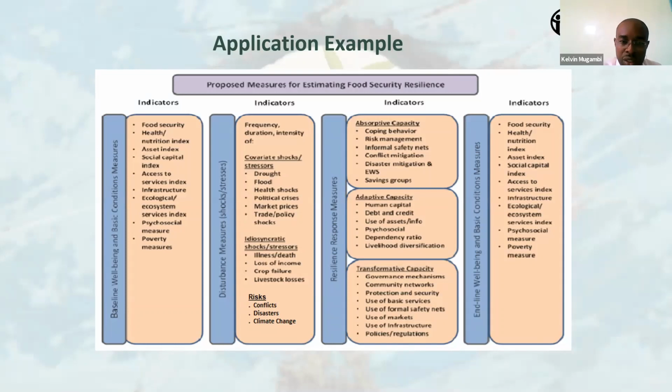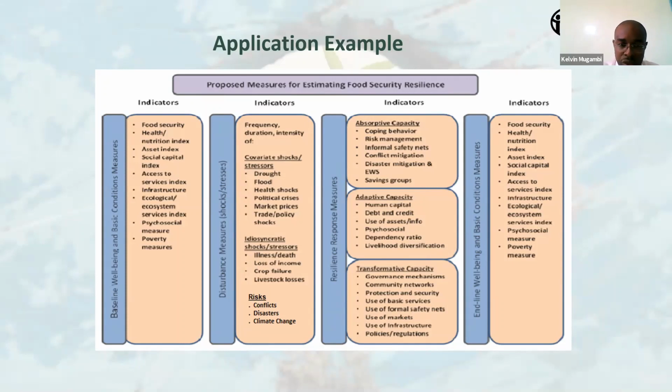Here we look at the covariate shocks and stresses that affect most of the community at the household level. So we look at drought, floods, health shocks, market shocks, among other indicators such as trade and policy.